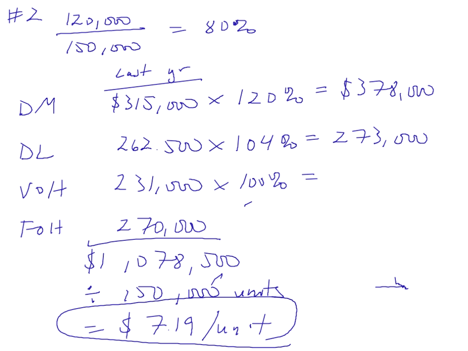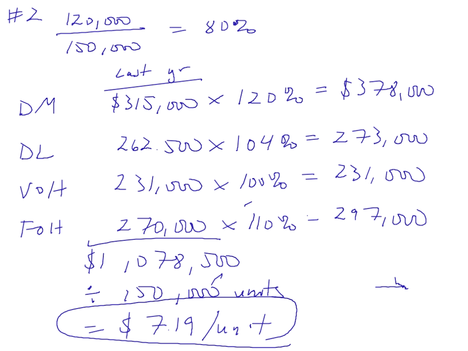So staying the same is the same as multiplying by 1, which is the same as multiplying by 100%. And so that's going to be $231,000. And then fixed overhead, it tells us that it went up by 10%. So we multiply that by 110%, and we get 297.